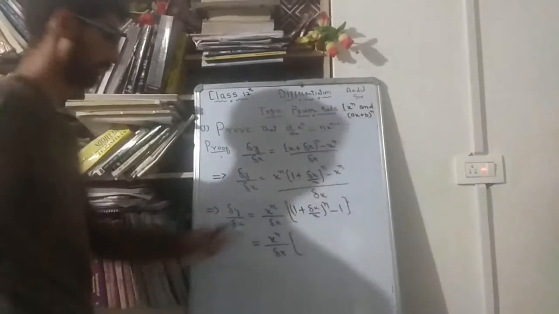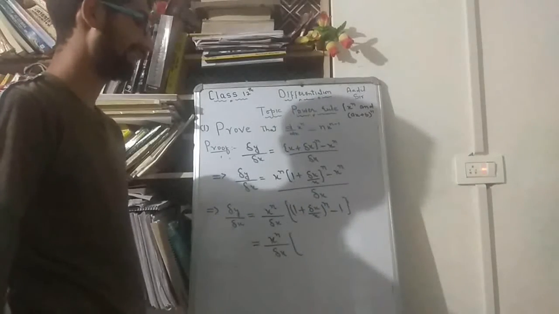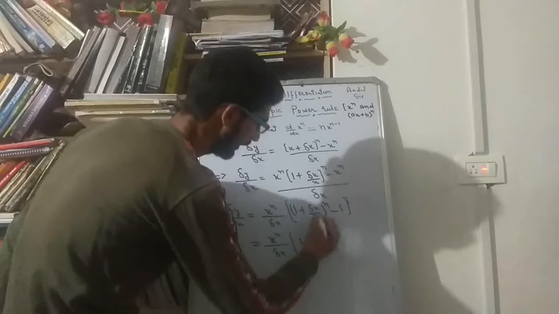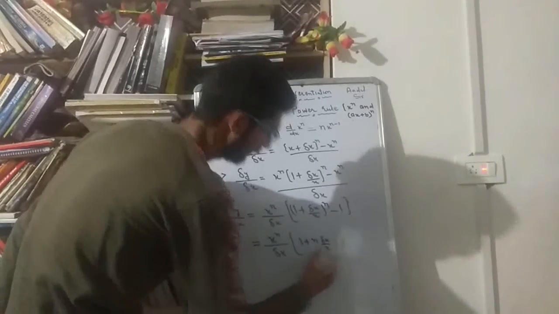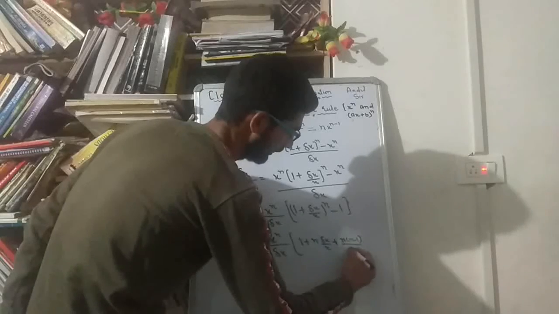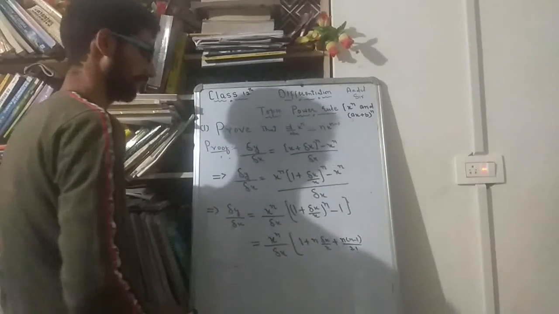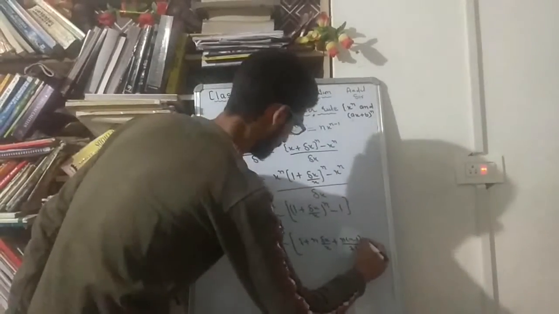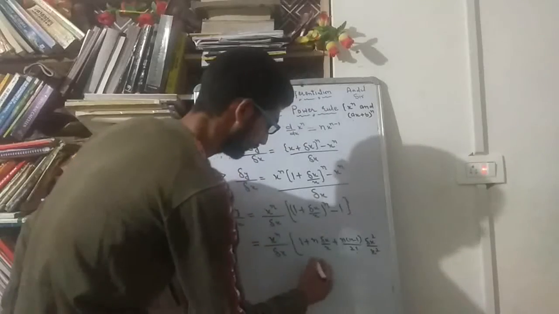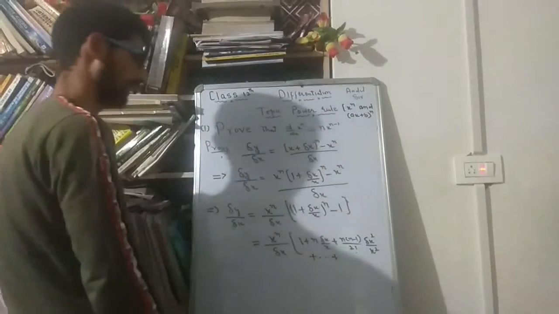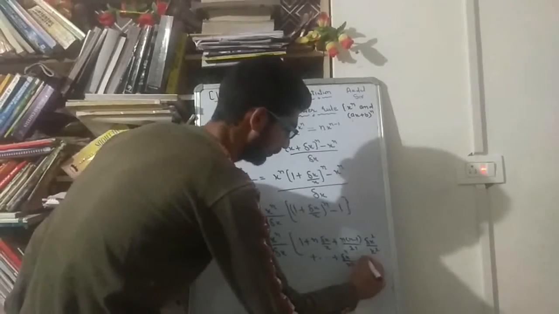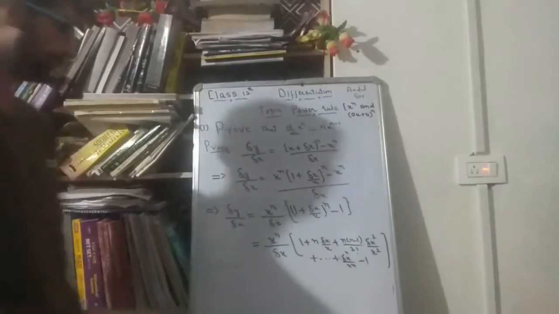Now you check here, it is 1 plus a raised to the power n, and that is equal to 1 plus n a, and what is a here, that is del x divided by x, and then plus n into n minus 1 divided by 2 factorial, a squared, that is del x squared divided by x squared, and then plus so on, plus last we have del x^n divided by x raised to the power n, and then we have minus 1. This is by the binomial theorem. So we have used here binomial theorem.